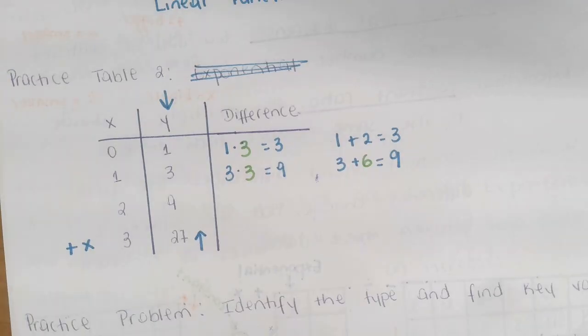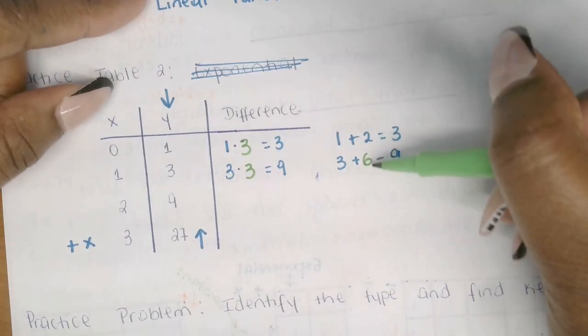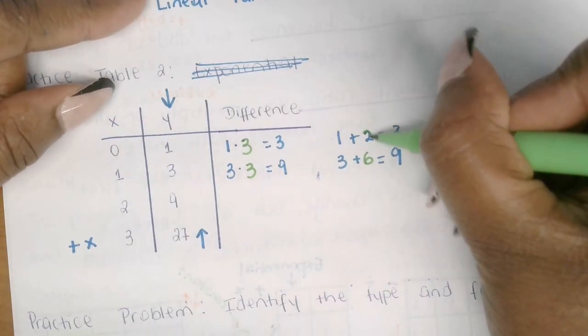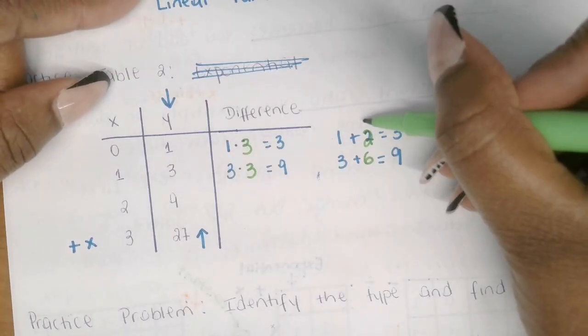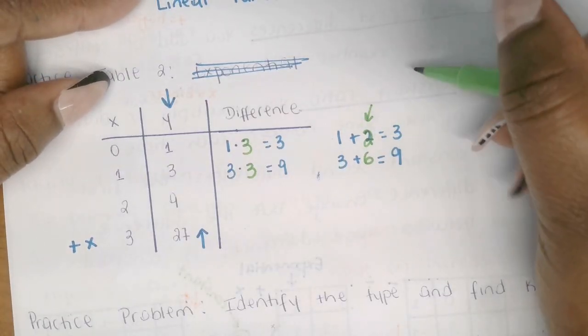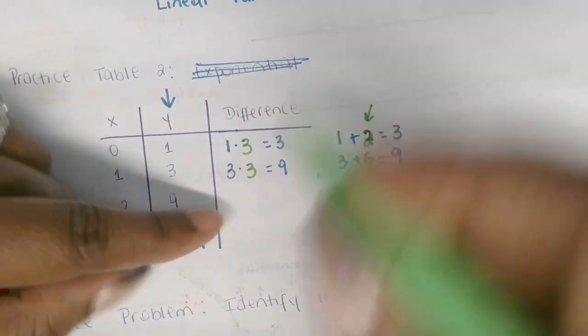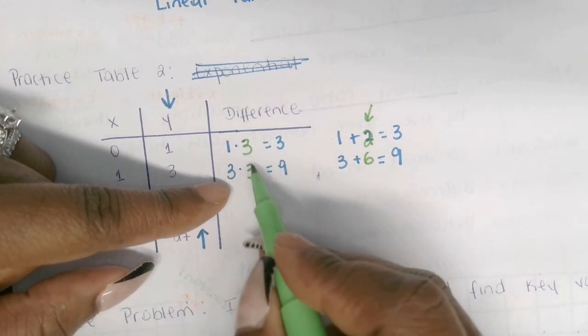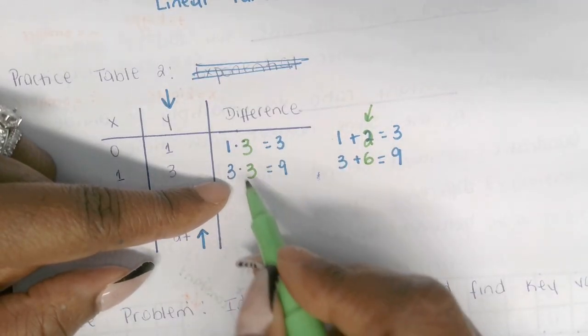So 3 plus 6 is 9. Already we realize that this is broken. The constant is 2 and 3. There's no constant here. Over here we realize there's a uniform number.